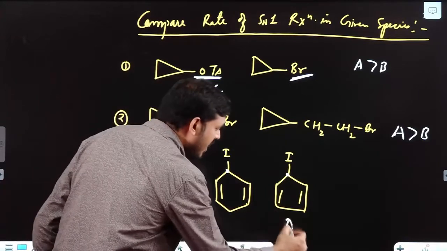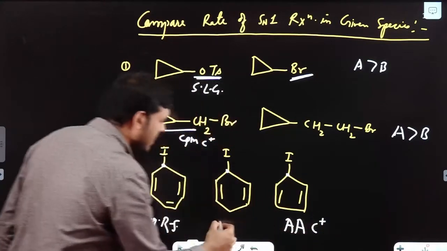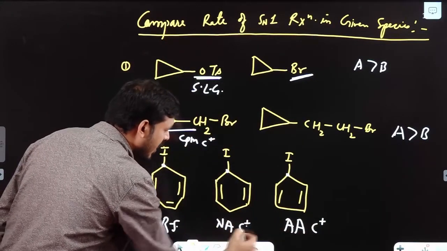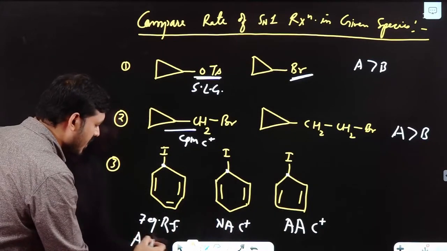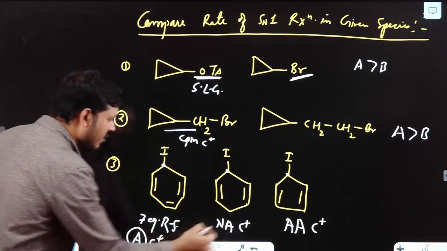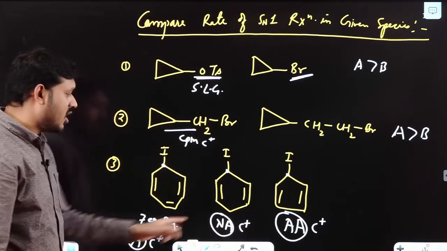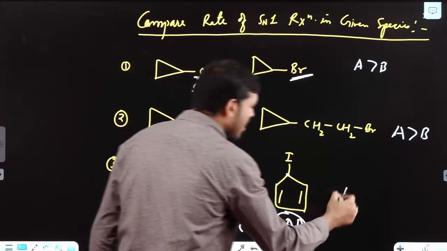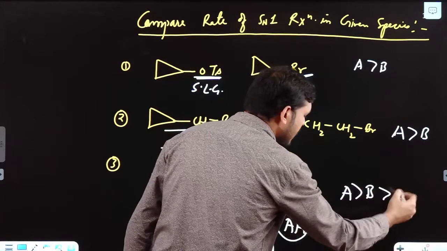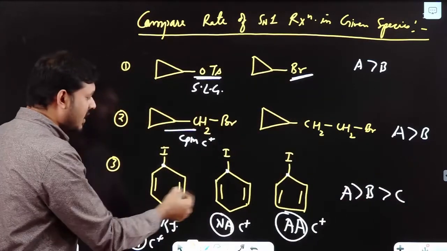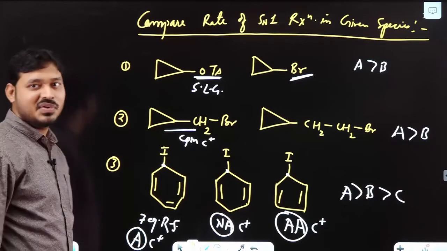So this will form an anti-aromatic carbocation, this a non-aromatic carbocation, and this an aromatic carbocation. The stability of the carbocation generated is aromatic, then non-aromatic, then anti-aromatic. So the order will be A, B, C, if I say this one A, this one B, and this one C. Clear to you?